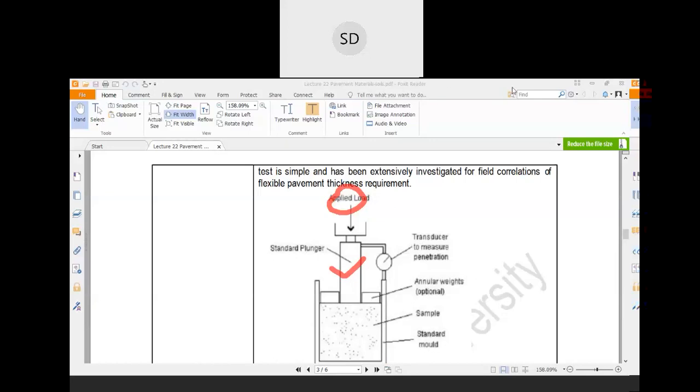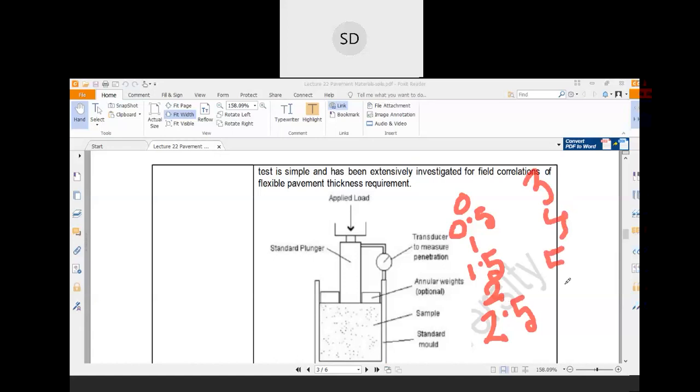These penetration values are 0, 0.5 mm, 1 mm, 1.5 mm, 2, 2.5, 3, 4, 5, 7.5, 10, 12.5.